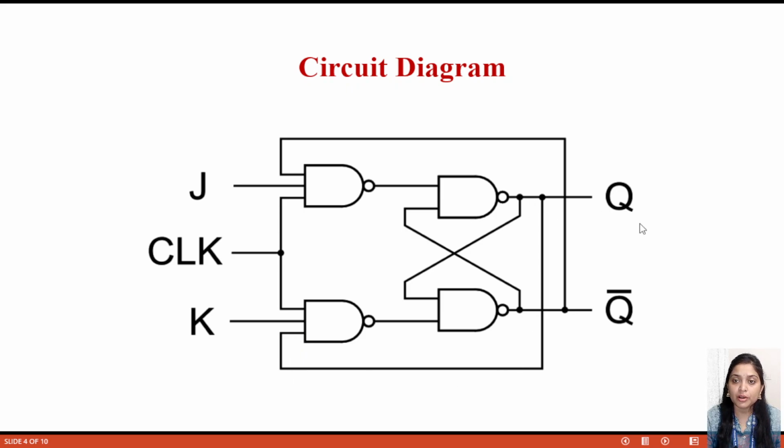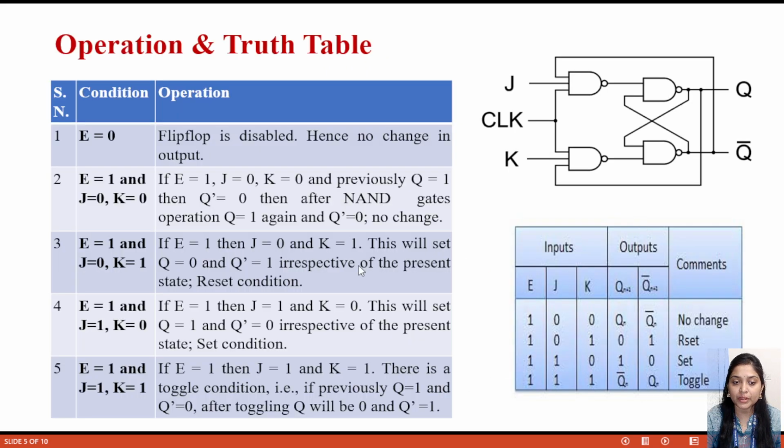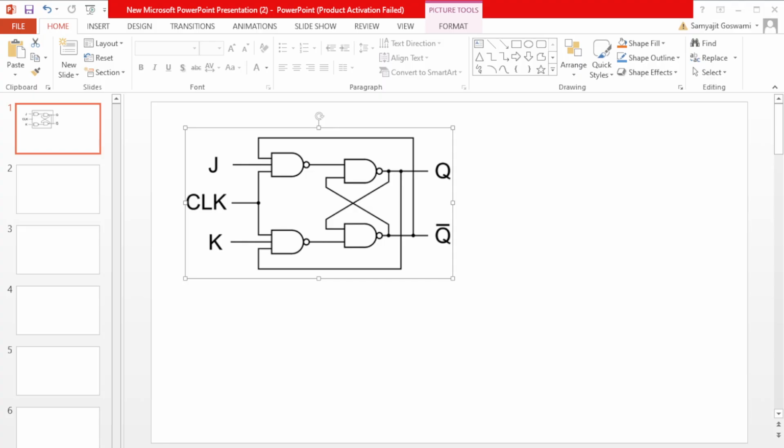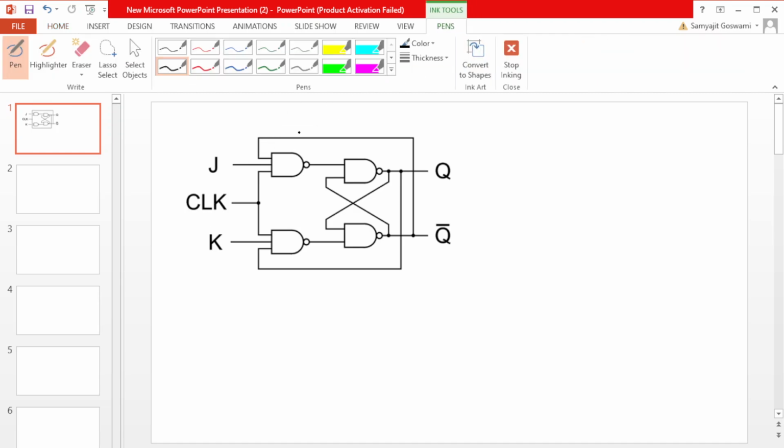Now what will be the operation? I am starting the operation part. Here we have clock, J, K, Q and Q bar. These are the 4 conditions.